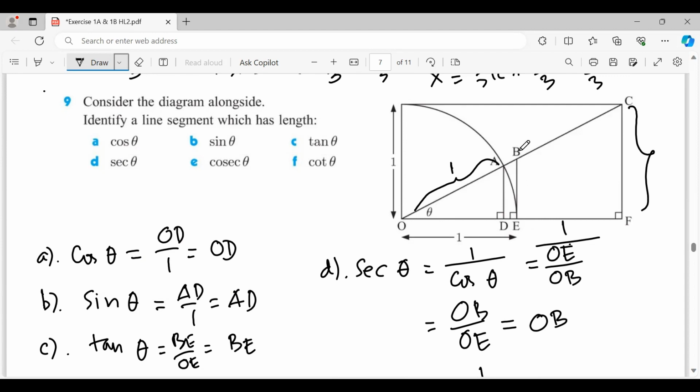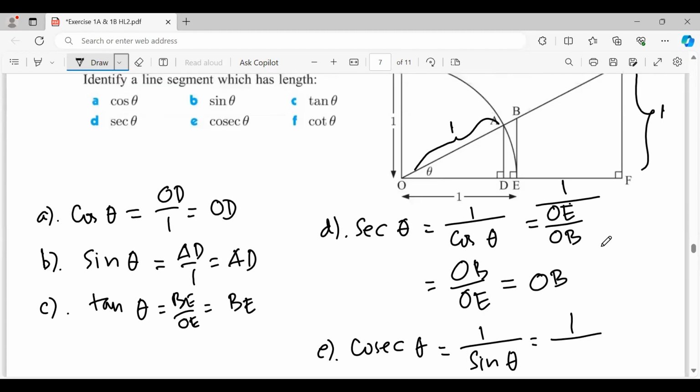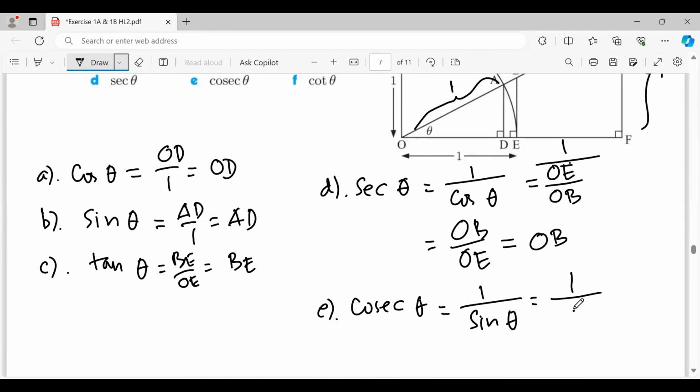OC is, yeah, CF is 1. Okay, so 1 over CF over OC, it is OC over CF. CF equals 1. It means this is OC.